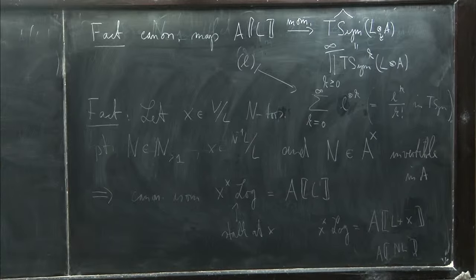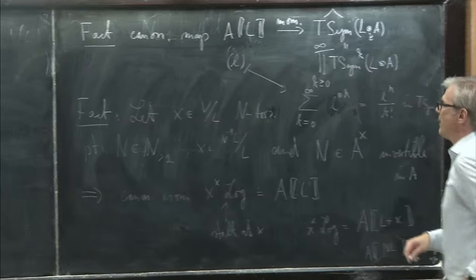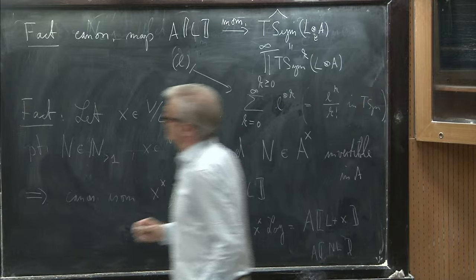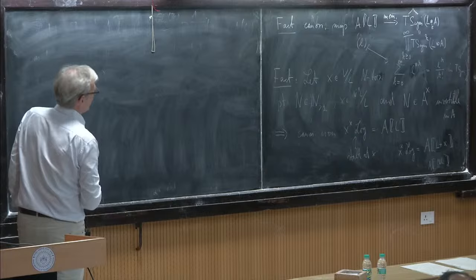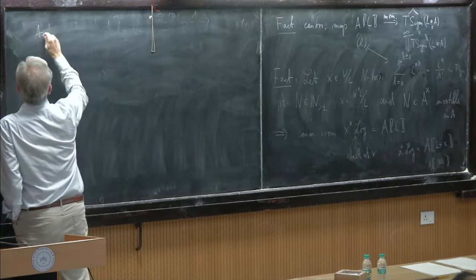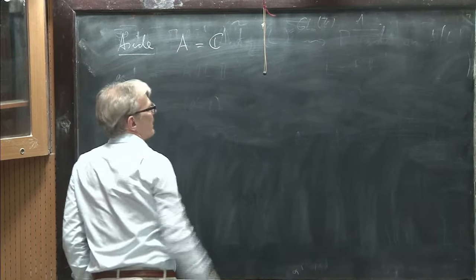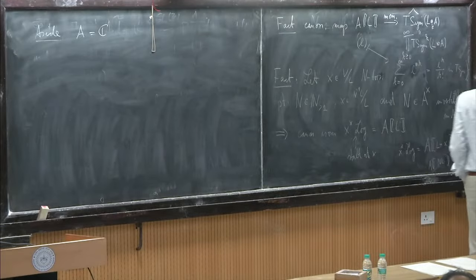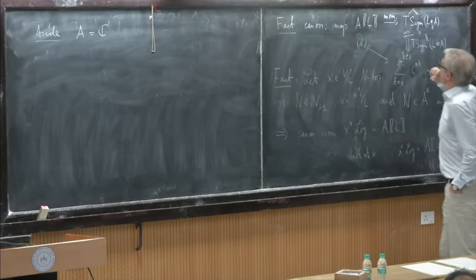Okay, we have that thing. Or maybe I do it actually now, because you asked. Aside, let's see if A is C, what is the connection on this local system?